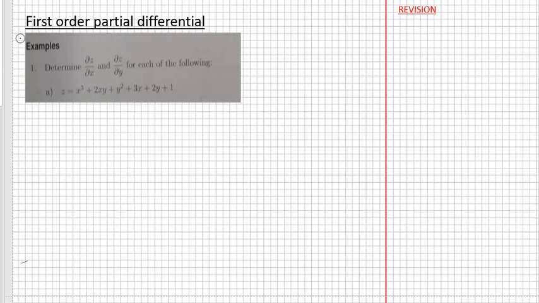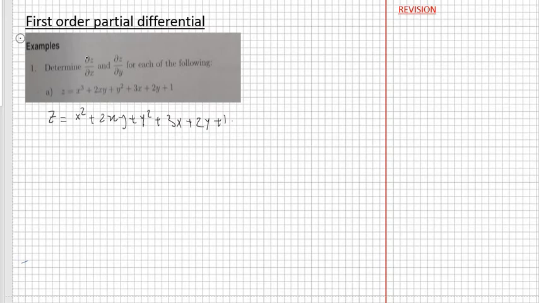Okay, here's an example of a derivative of a multivariable function. They give a function z. We have z which is equal to x squared plus 2xy plus y squared plus 3x plus 2y plus 1.